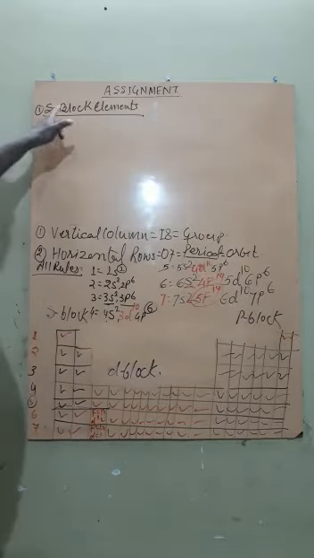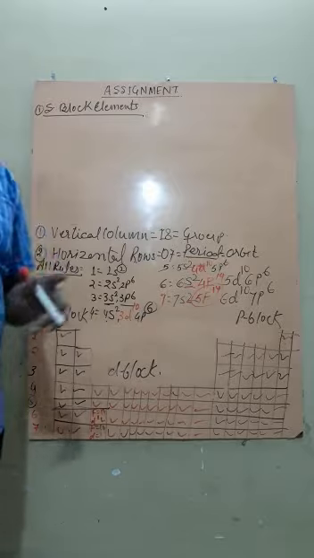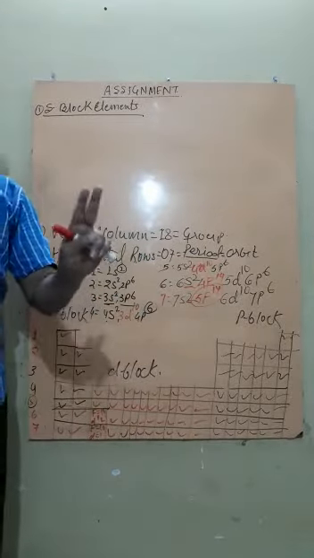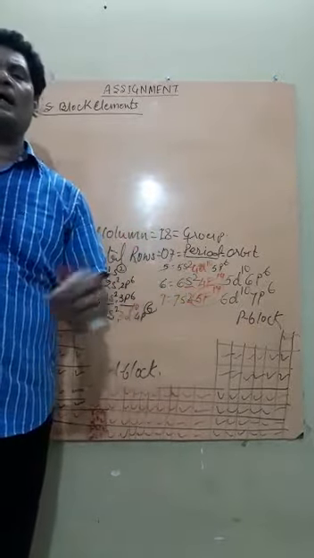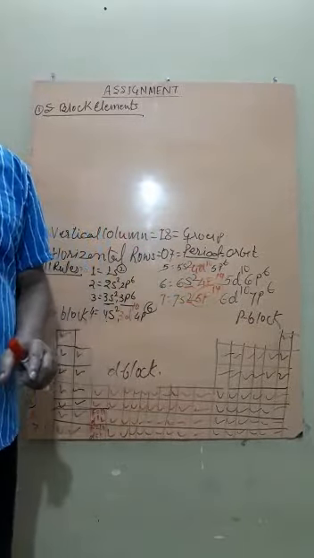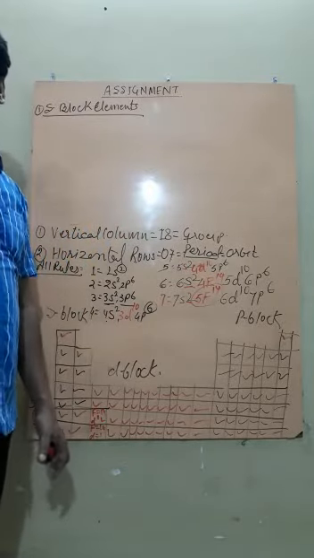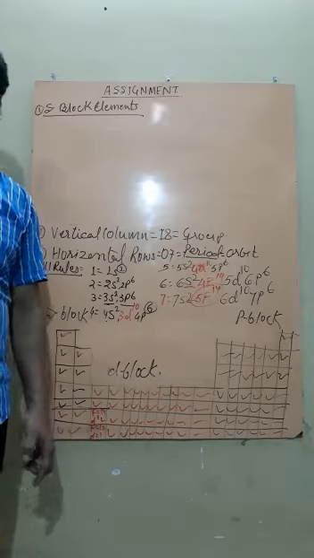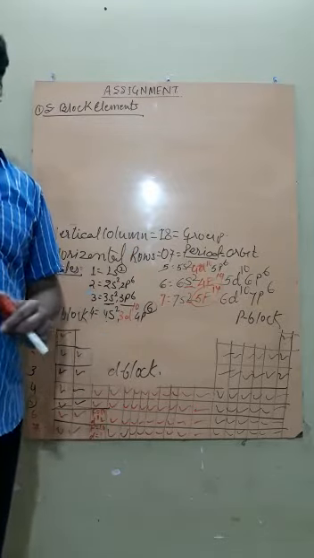When you draw the S block elements, you will find that the S block consists of two groups: the alkali metals, first group, and the alkaline earth metals, second group. The first group has hydrogen, lithium, sodium, potassium, rubidium, cesium and francium. The second group consists of beryllium, magnesium, calcium, strontium and barium.